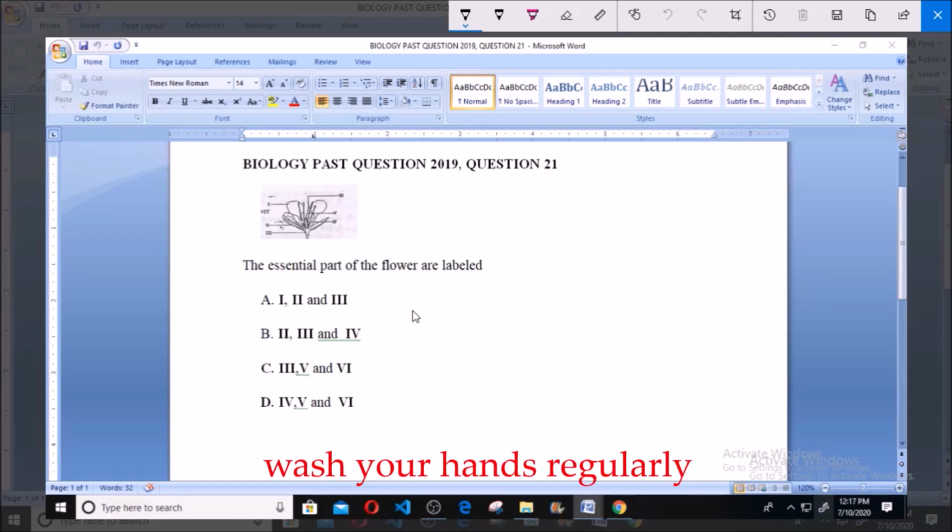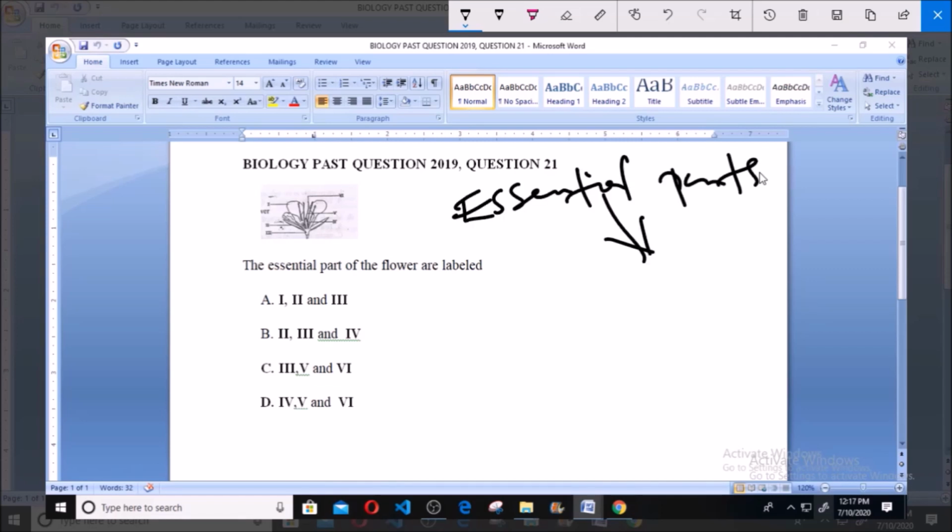And firstly, you ask yourself, what are essential parts of flowers? Essential parts of flowers are parts that are responsible for reproduction. The reproductive parts of a flower are referred to as essential parts.